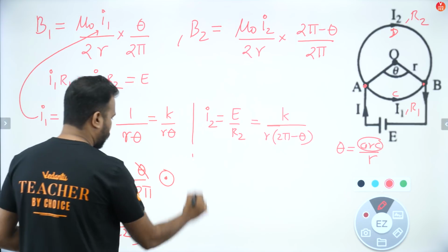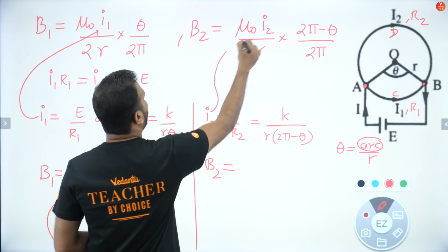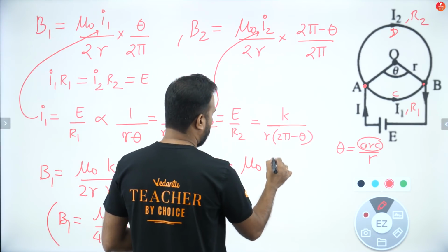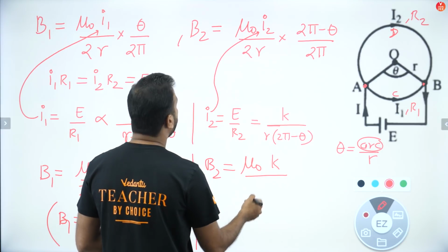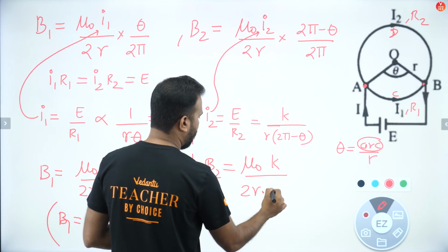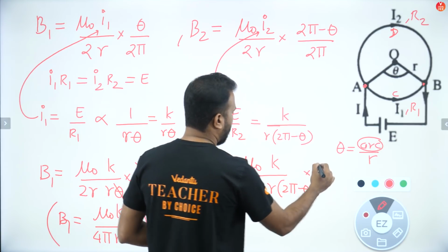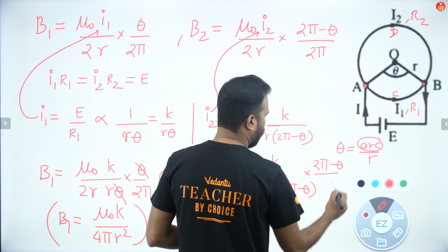Let's do the same for B2. For that I'll have to put the value of I2 here. So I have mu naught, I2 value is k by r times 2 pi minus theta. So mu naught upon 2r is already there, putting r times 2 pi minus theta, and multiplied by 2 pi minus theta upon 2 pi.